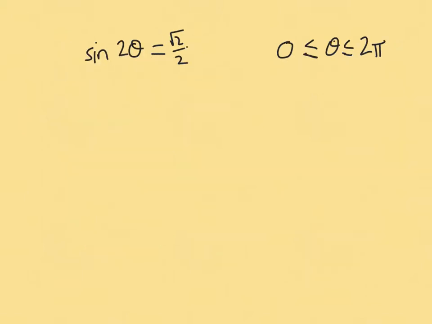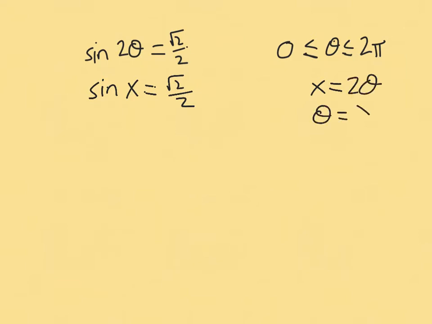Okay, let's look at solving our second one. Let's say sine of x equals root 2 over 2. So what am I saying? I'm saying x is 2 lots of theta, so theta equals x over 2.